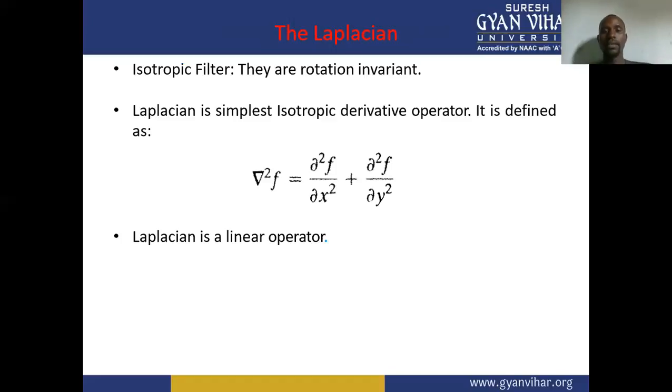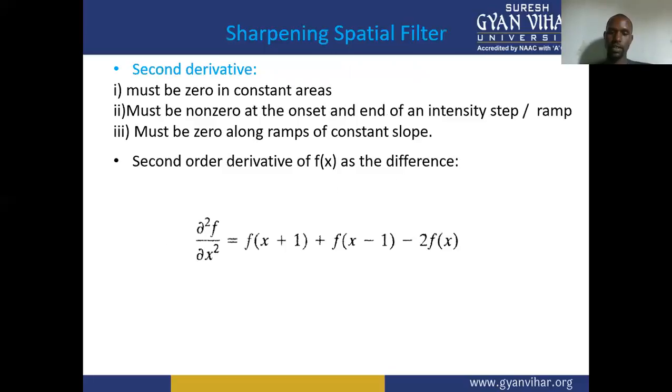I repeat again, in the Laplacian, we take account of this equation. This equation is showing f of x in the x-axis. When we find another one for f of y, and we combine both, that is what is known as the Laplacian. Basically, it's just the second derivative in both the x and y axis.